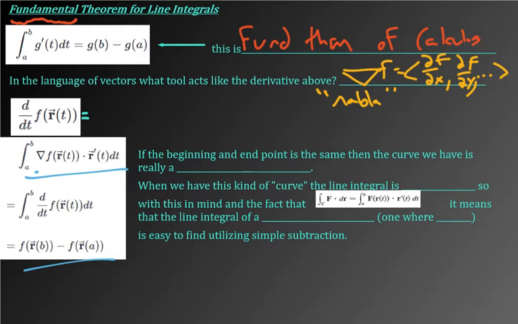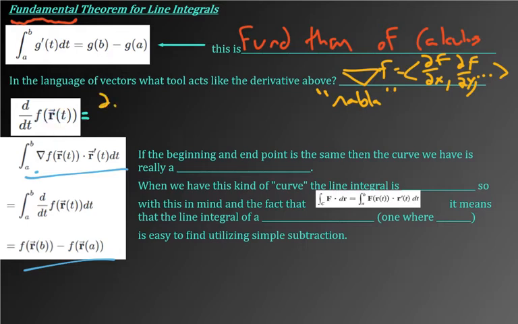But d/dt of f of r of t, right? This is going to have to be a chain rule thing. We're going to take the derivative of f, and then we have to multiply it by the derivative of the inside components of r. If r is 3D, it would look like this.